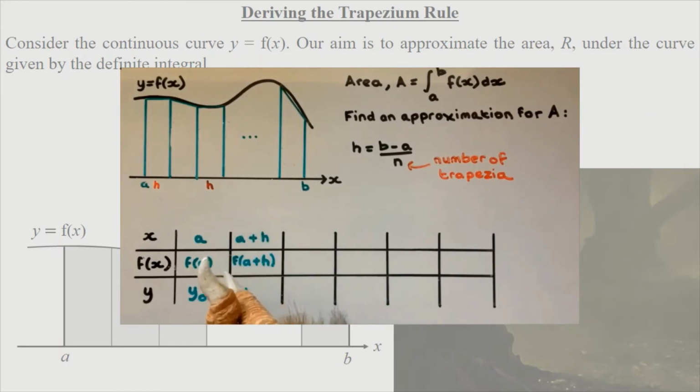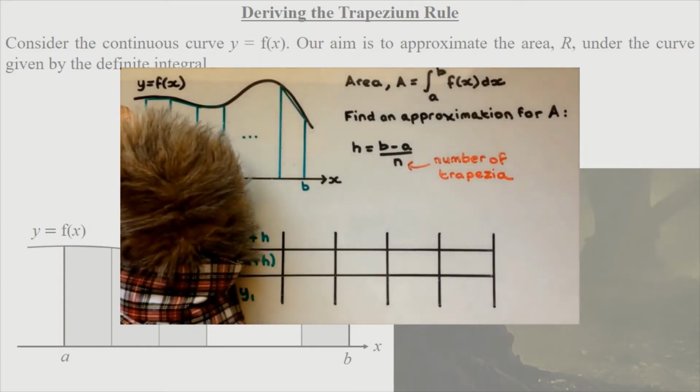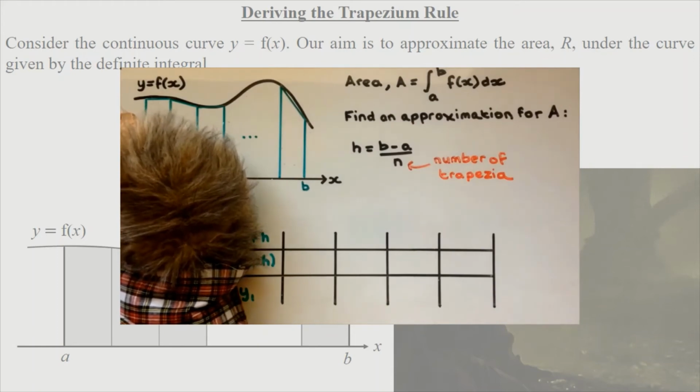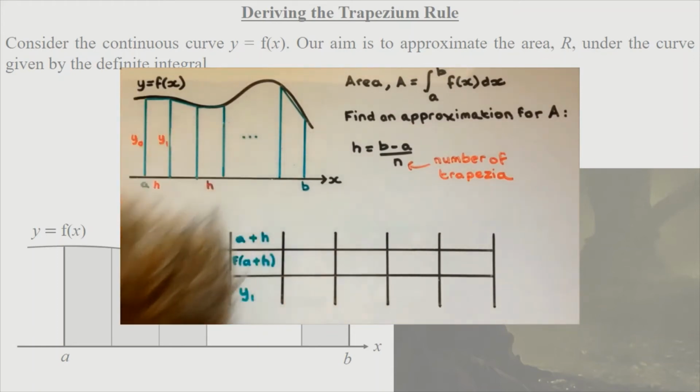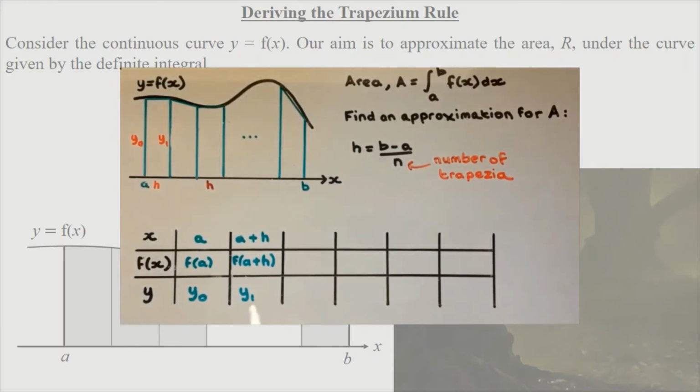And this is going to be our y1. Now what I'm going to do is label the y0 and the y1 on our diagram. So over here, this is going to be y0, and this is going to be y1. And as you can see, we now have enough information to work out the area of the first trapezium.